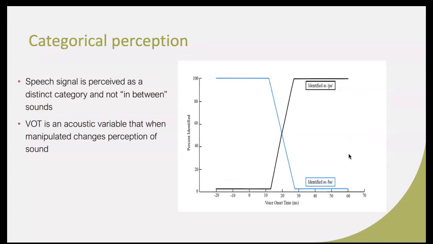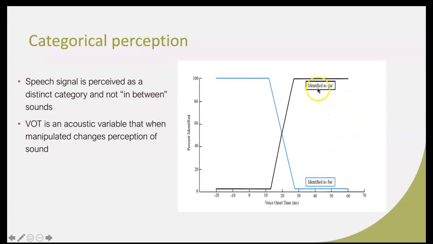There's an important concept called categorical perception, and basically categorical perception is a concept that shows that speech is not perceived as some mix between sounds, or some gray area between sounds. It is either, in this case, ba or pa, and let me show you that.